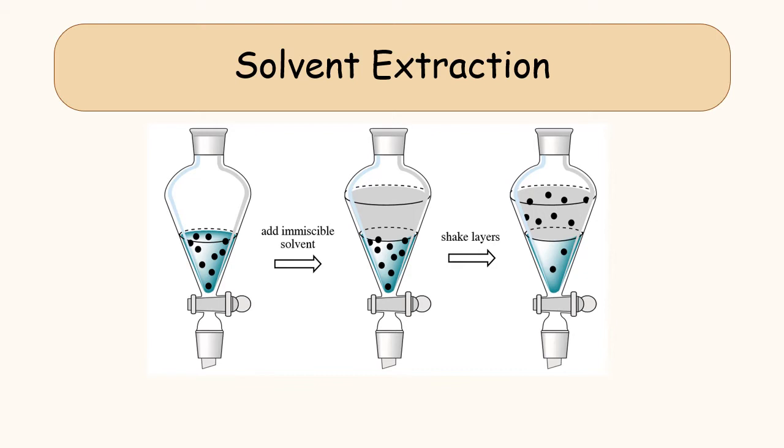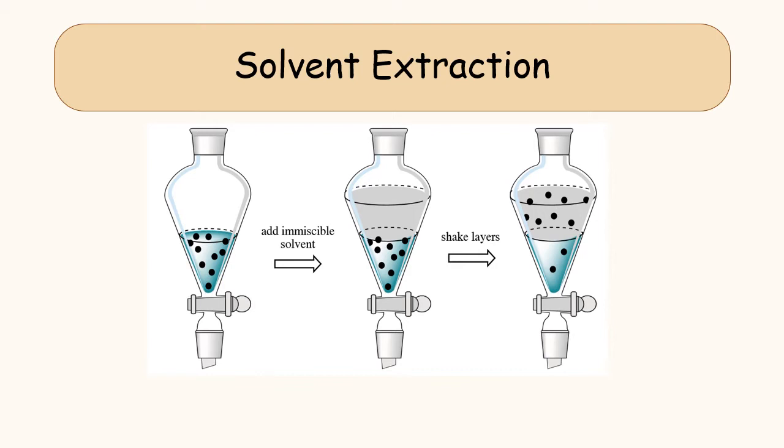Then put it back the right way, take the stopper off and leave the two layers to settle out. And when those layers settle out, what will have happened is that compound, which is more soluble in the solvent you added in second, most of that compound will have moved into that layer. Now the tap at the bottom allows you to, if you open it, watch that bottom layer empty out and you can keep the top layer, which is what's happening now.